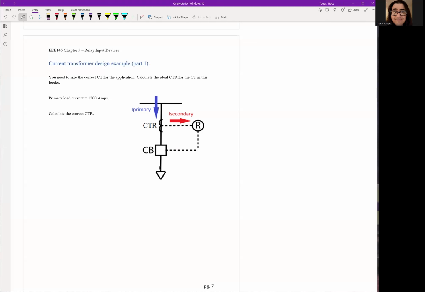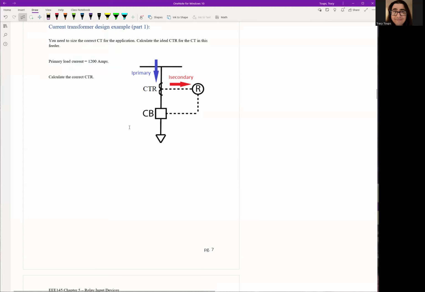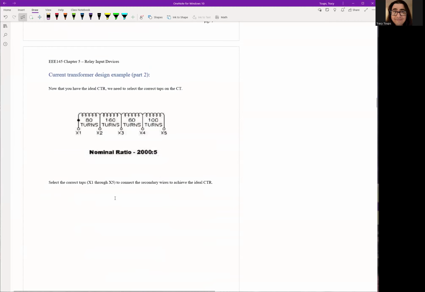You want a specific amount of current going through the relay at all times. You figure out the CT ratio to make that happen. You could look at the slides above for details. Part 2 is, now that you have the CT ratio, which taps would you connect to make sure the relay can see that specific CT ratio? Okay, so why don't you go ahead and do these 2? We're going to come back in 20 minutes and see what you did. So see you guys in a second.